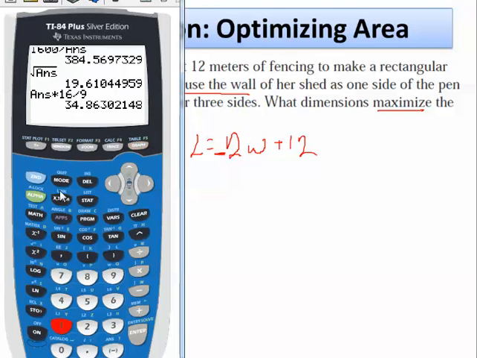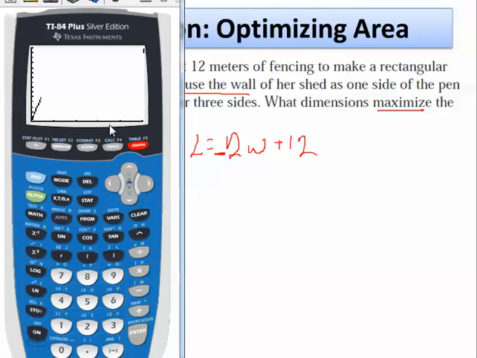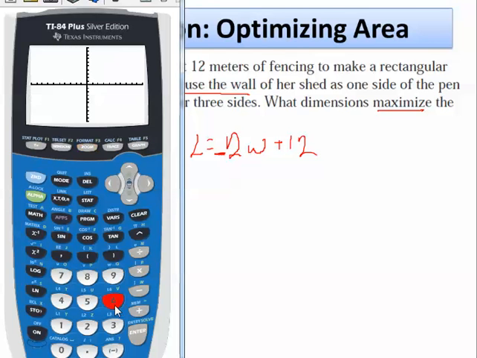Oh, come on, I must have messed up my equation somehow. Graph looks like that. Well, you know what? That's my zoom that's causing that, so I'm going to bring this back down to a standard zoom, and it'll look more like that.